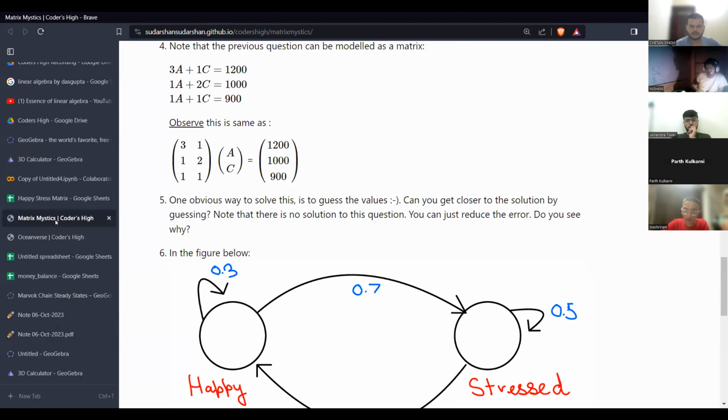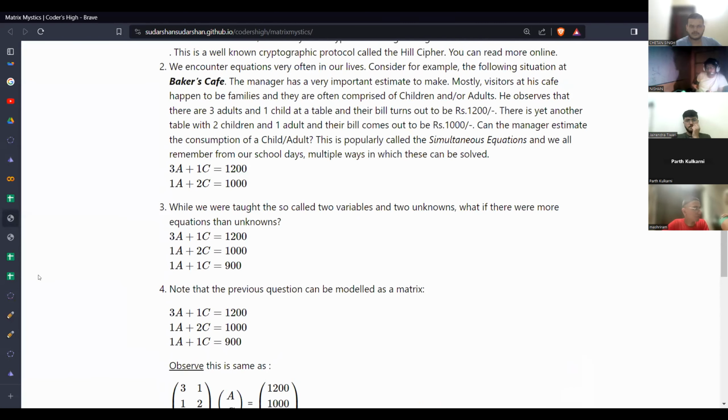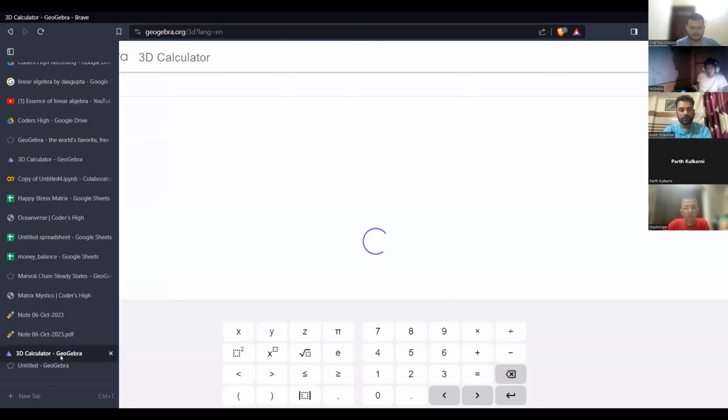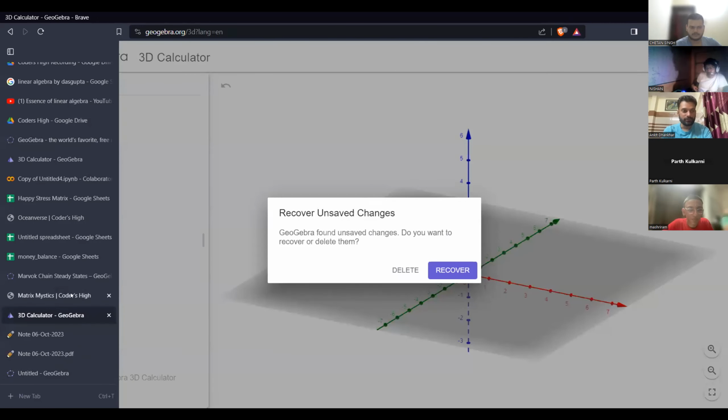So this was our question. Let's show it in GeoGebra, because it will be easy to visualize.